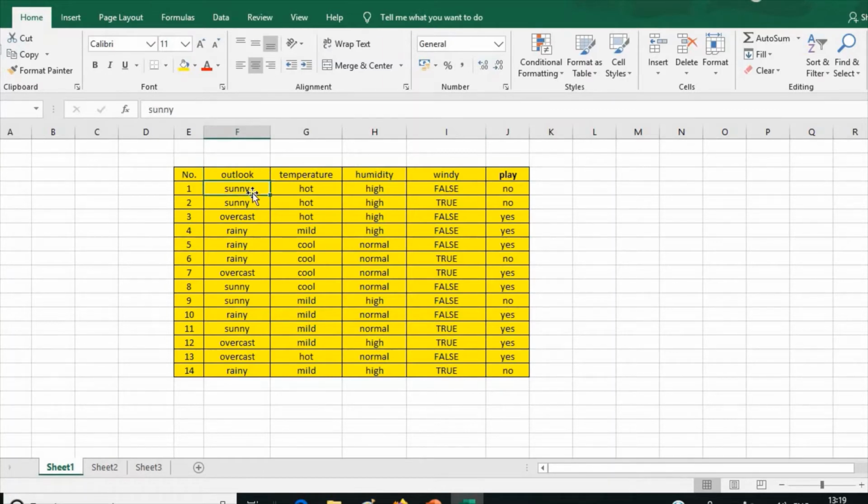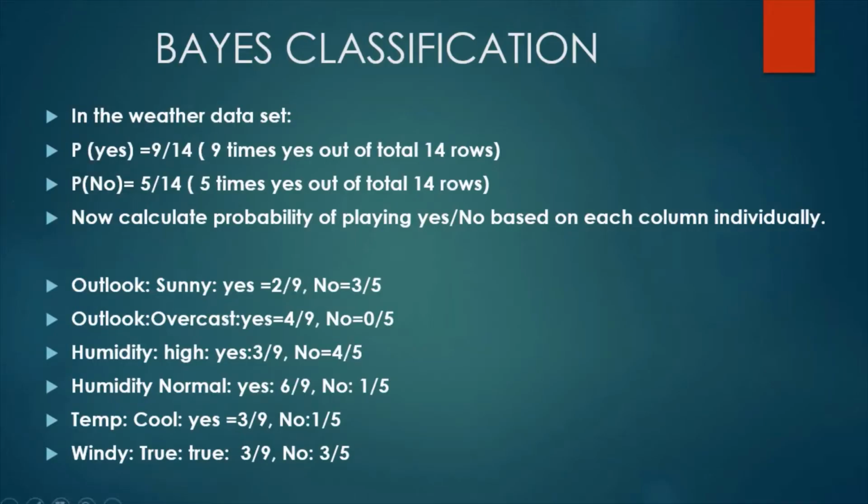We can see there is one case and two cases, so a total of 2 cases where Outlook is Sunny and the child can go out to play. The total playing yes instances are 9, so Sunny is occurring 2 times and yes is occurring 9 times in the dataset. So 2 divided by 9. This probability is equal to 2 divided by 9.